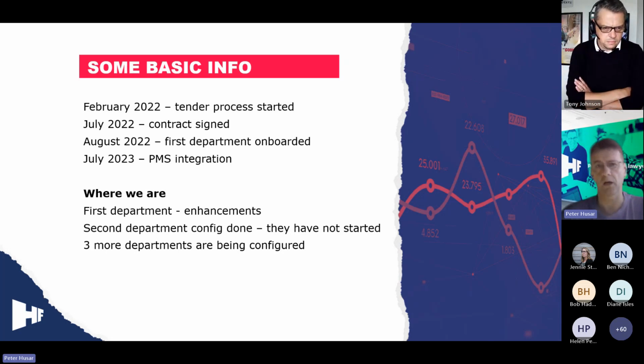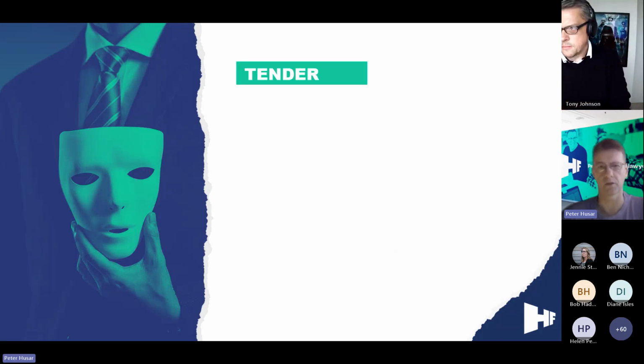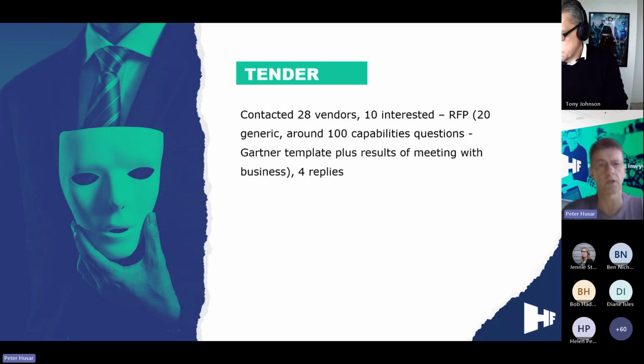I would like to start with the tender, because during the tender the process was a bit different from others. We contacted 28 vendors. Only 10 were interested. We sent a quite big request for proposal, generating about 100 capability questions.